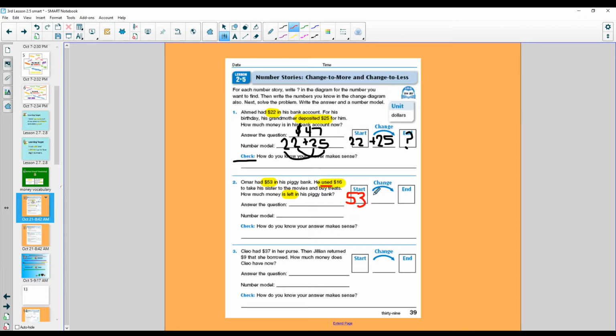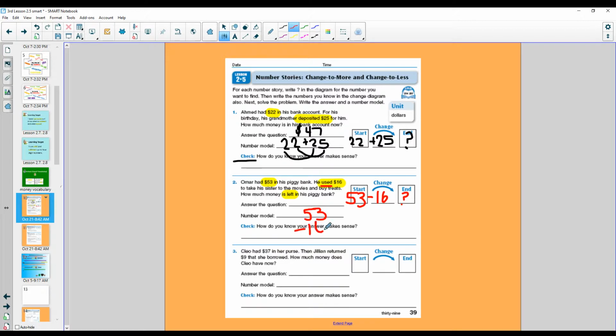He used that money. Are we going to add that money or take it away? If you use money, you're taking it away. Then we're going to put a question mark here because we're going to figure out how much money Omar has now.